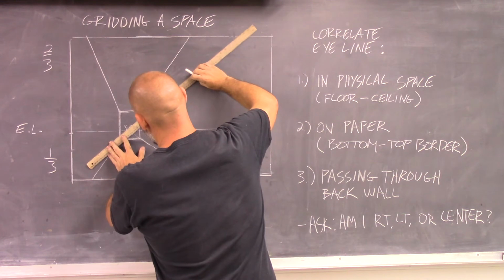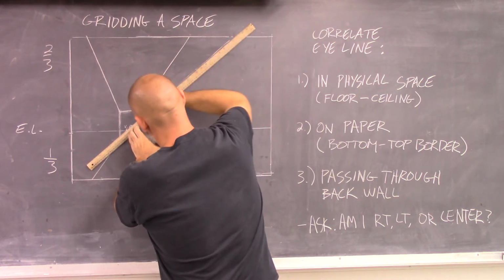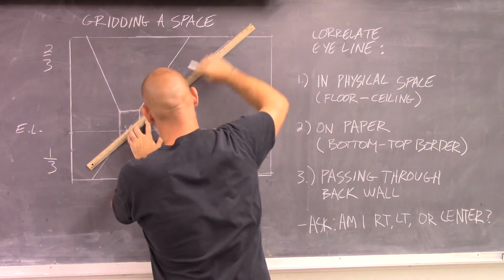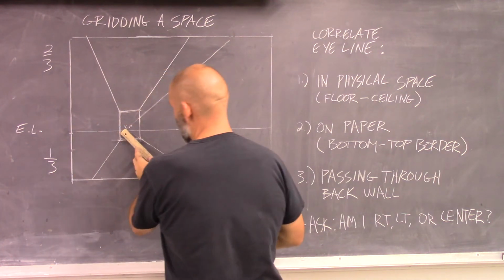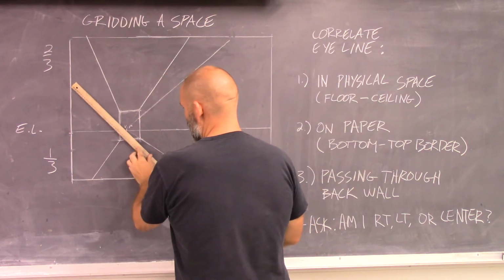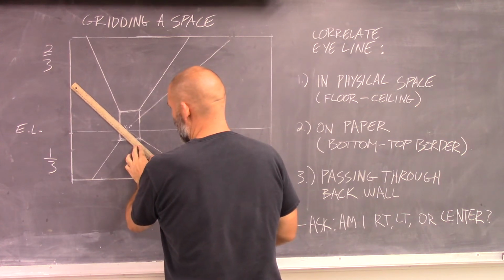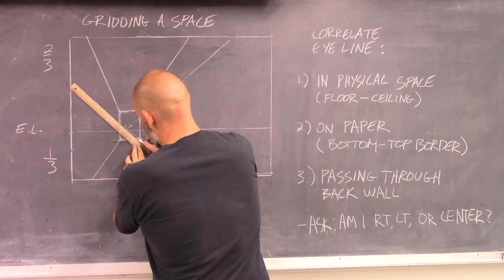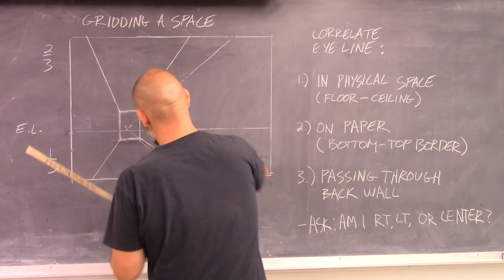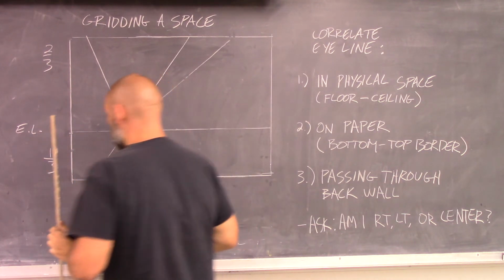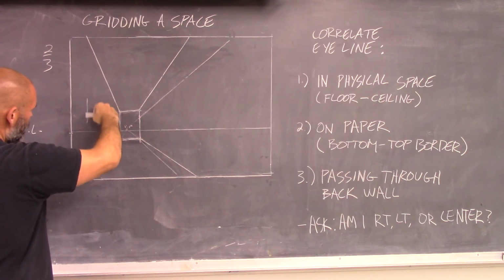Remember the tops of those lockers, as we're looking at that angle, would come to that vanishing point. Those lockers might come down because they're in front of the wall, so that bottom would be a little bit lower. I might have a window or a poster or something on this wall.